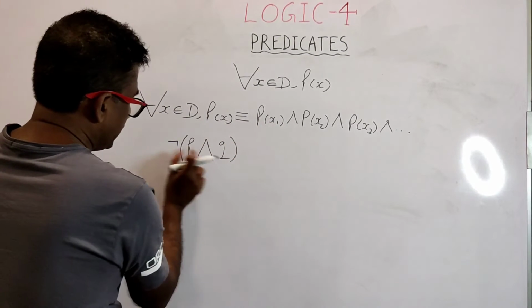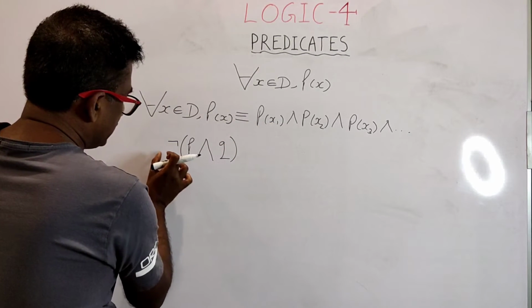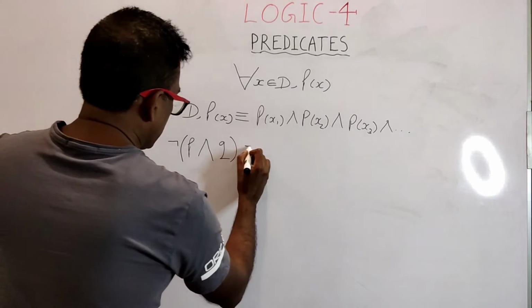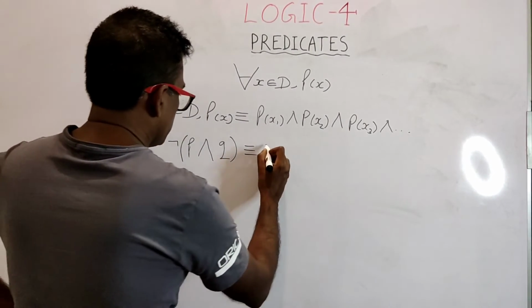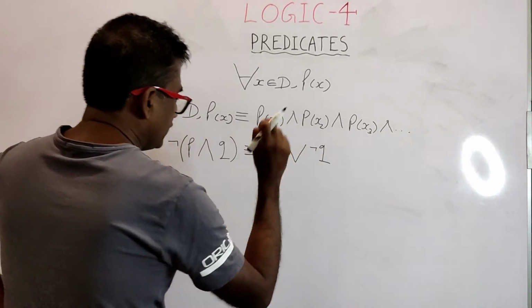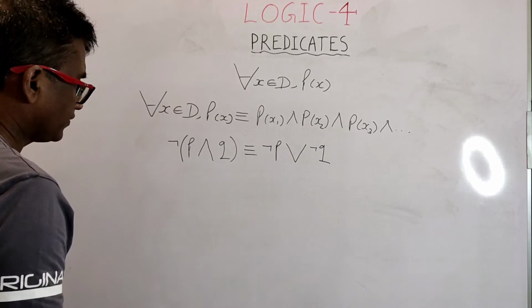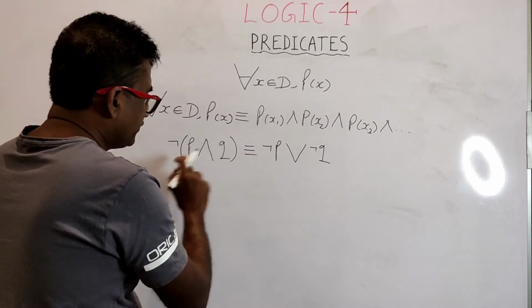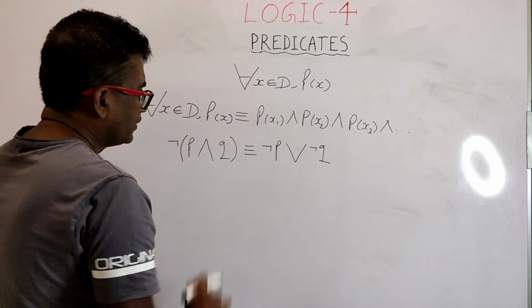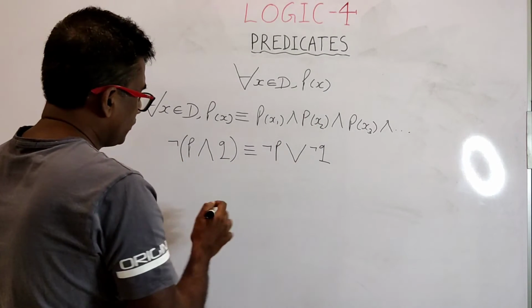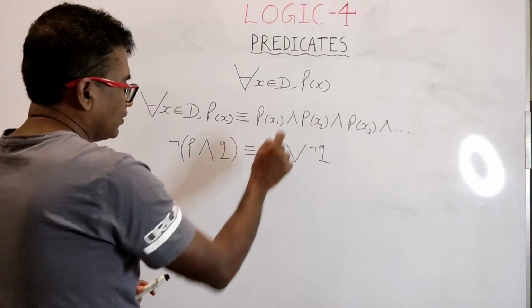What they say is the negation of the conjunction of two propositions is equivalent to the disjunction of the negation of the first proposition and the negation of the second proposition. We can easily prove this, though I am not going to do it here. This is true for any number of conjunctions, so we can use this here.